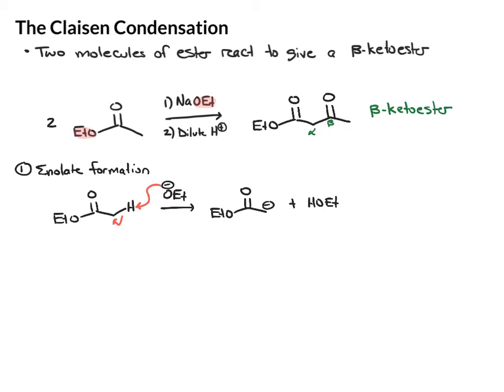Second part, like the aldol, is nucleophilic addition to the other ester. So here's our nucleophilic ester. I'm going to draw the second molecule in blue so we can keep track of it.